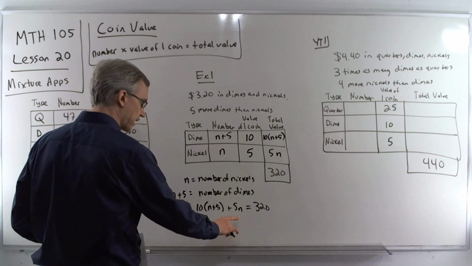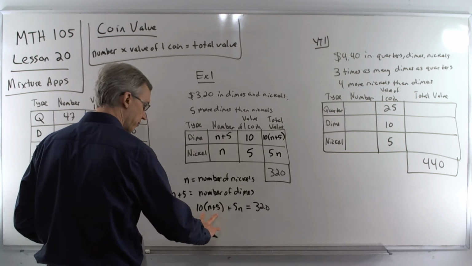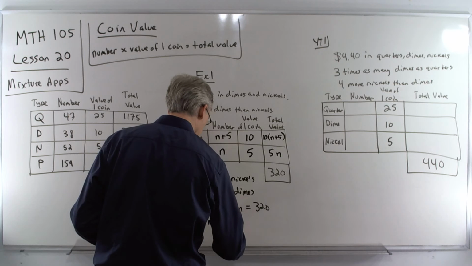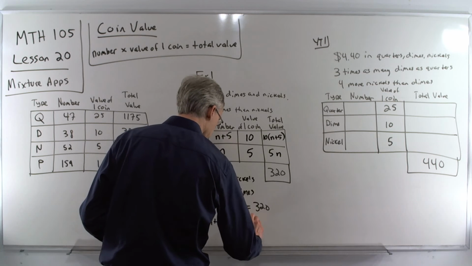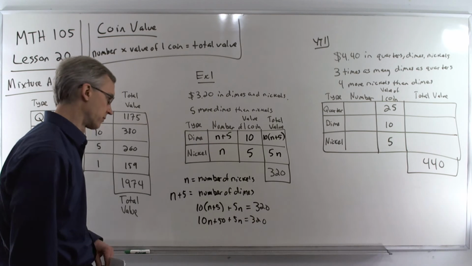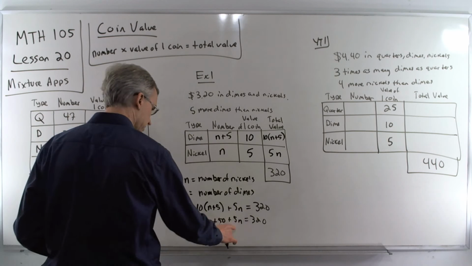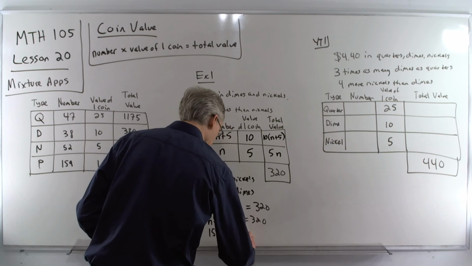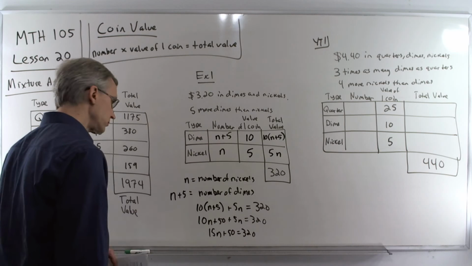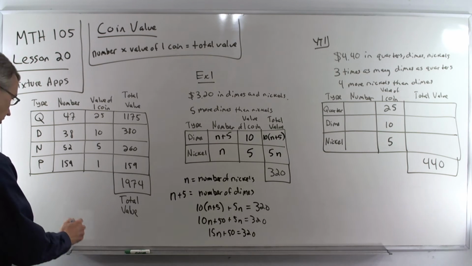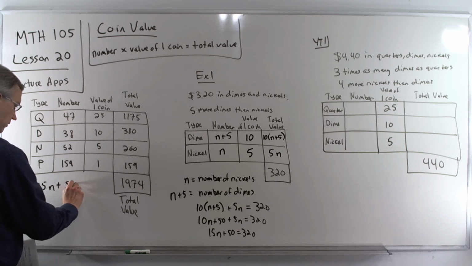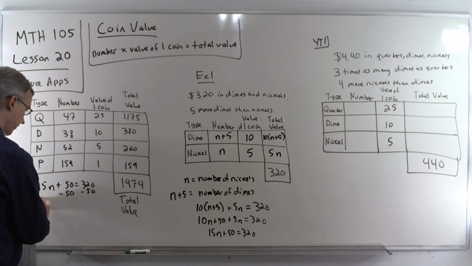I'm going to start by simplifying on the left. So distribute and remove the parentheses. That's 10n plus 50 plus 5n equals 320. Now we can add the n's together. 10n plus 5n is 15n. And I'll subtract 50 from both sides.